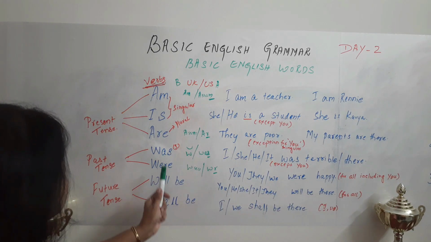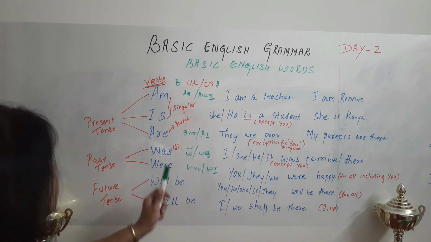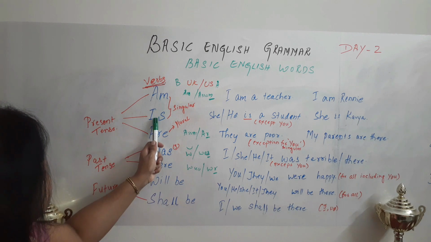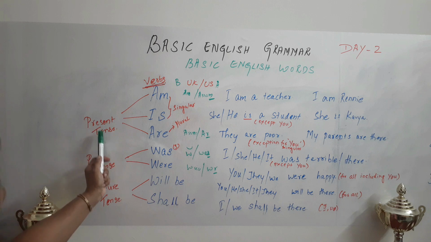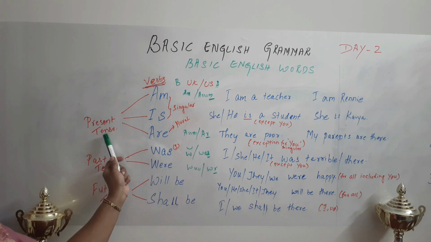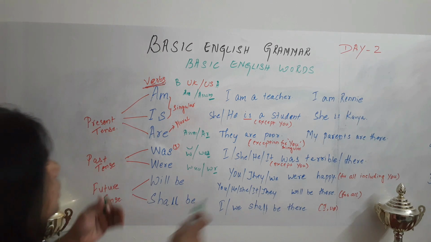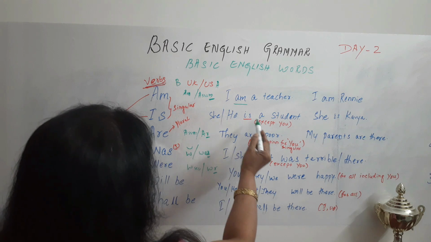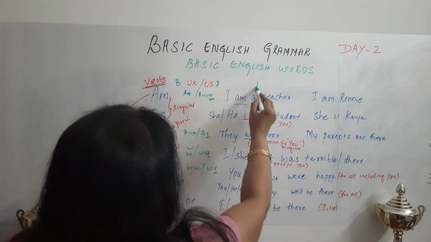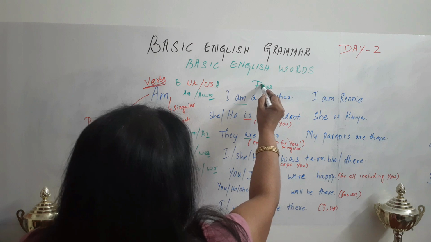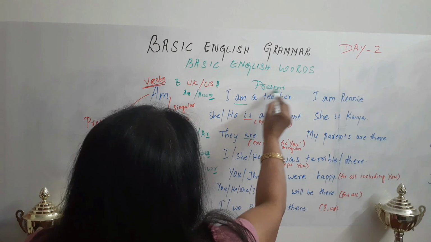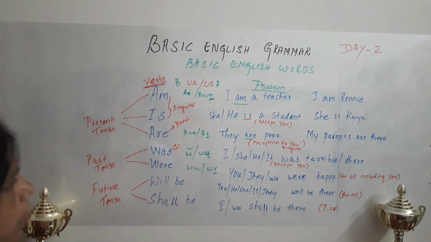Next, coming to was and were. Alright, here am, is and are are used in present tense. Remember that this is for present tense. Only in present tense. All this, am, is, are, all are for present tense. Alright.